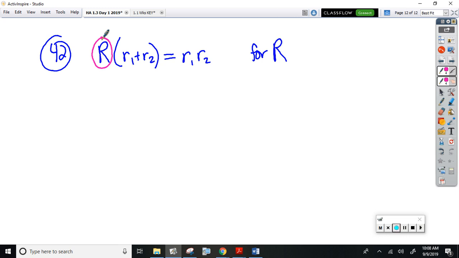What operation do I see going on between capital R and the parentheses? What operation is hiding right here? Kayla? Multiplication. And Kayla, what is the inverse of multiplication? Division. So all you need to do is divide. Undo these 2 things multiplied and divide. You're going to divide by the whole quantity, R1 plus R2.